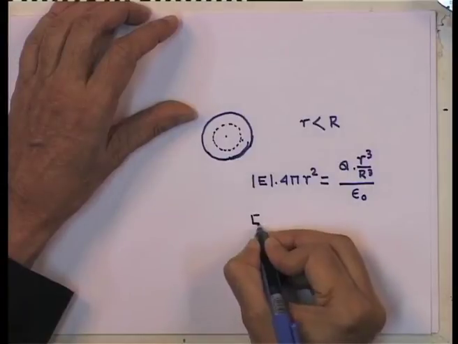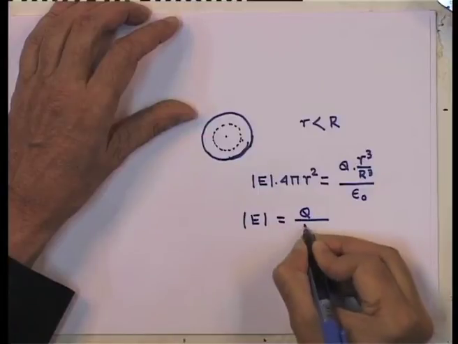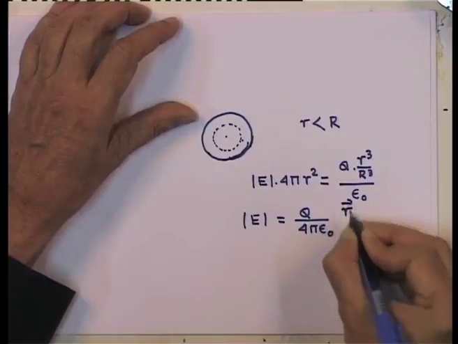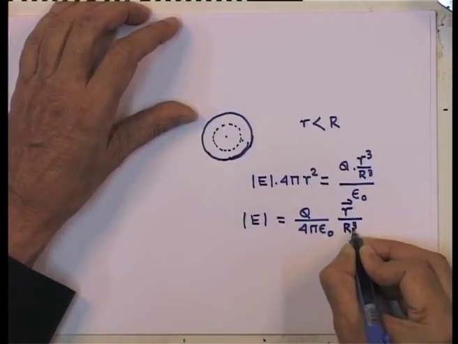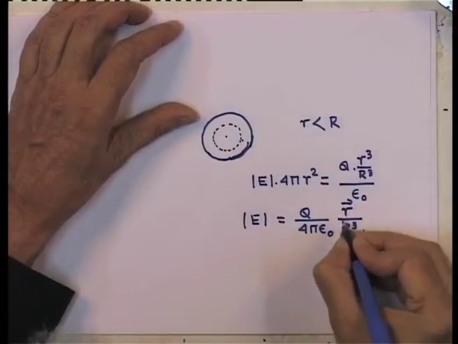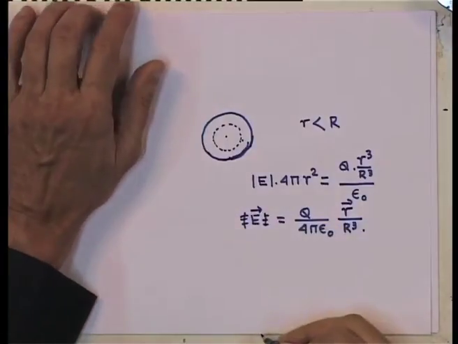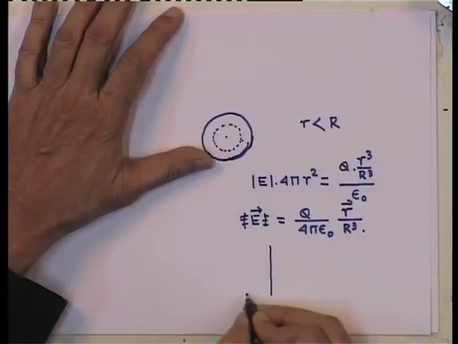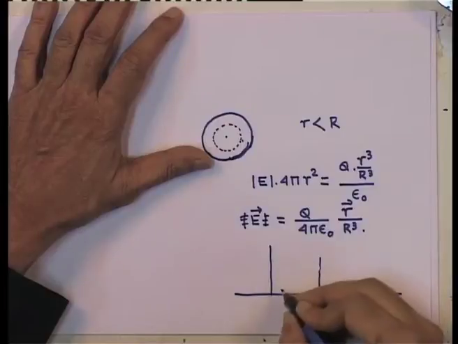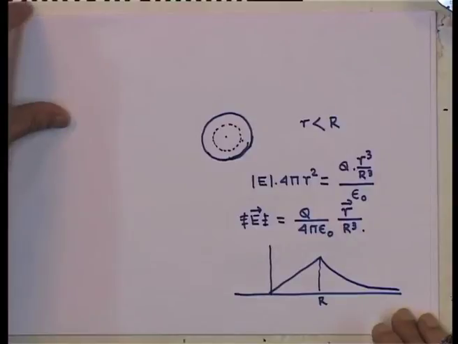So, the electric field magnitude is q by 4 pi epsilon 0 times r by capital R cube. Notice it is now linear in r. The electric field direction is still the same. Let me put this as a vector field. So, therefore, what happens in this case is that up to the radius R it goes linearly and then it falls off quadratically following Coulomb's law.